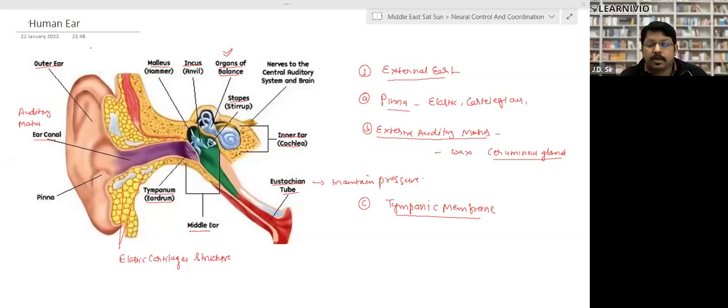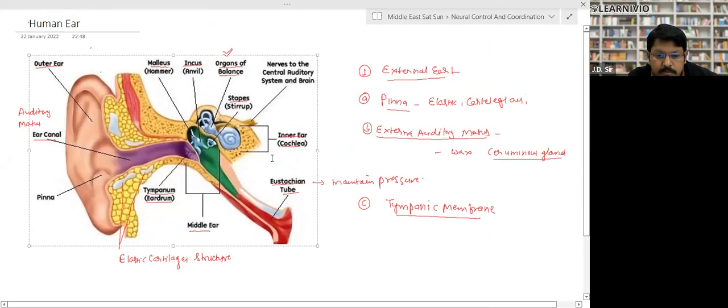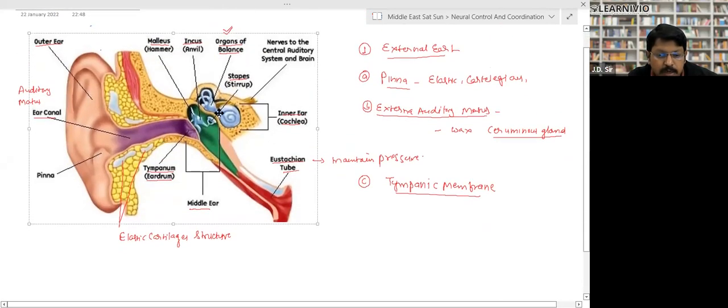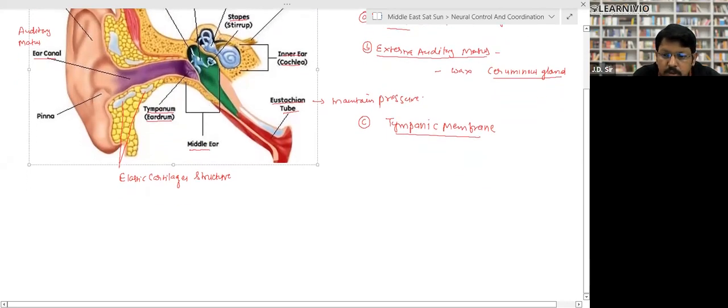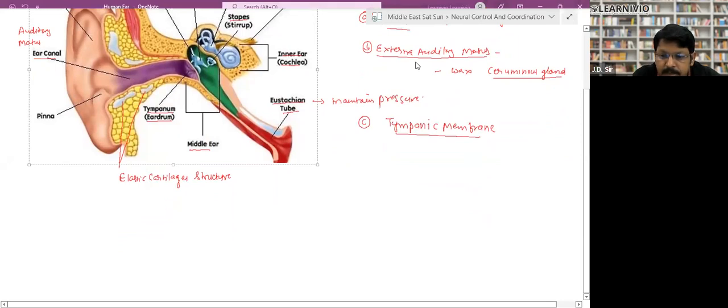So yesterday we discussed the morphology, the anatomical structure of the human ear, right? And this was a diagram of our external ear and internal ear. Now separately, I want to mention the middle ear diagram, because the middle ear contains a number of bones, right? So we have to start with the middle ear diagram.